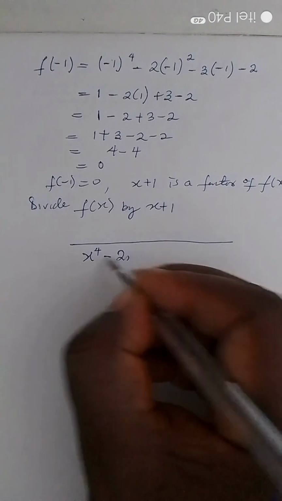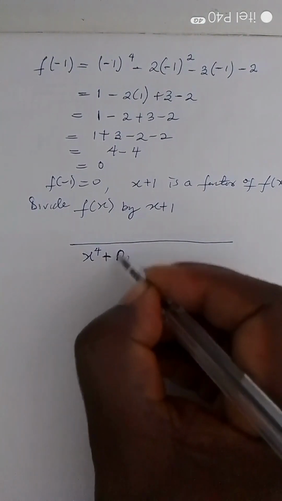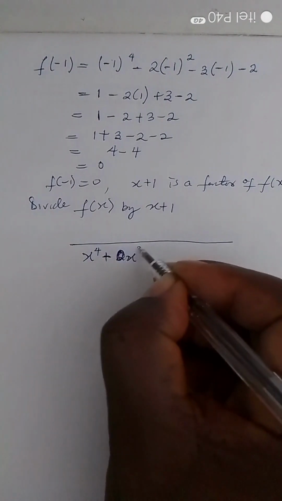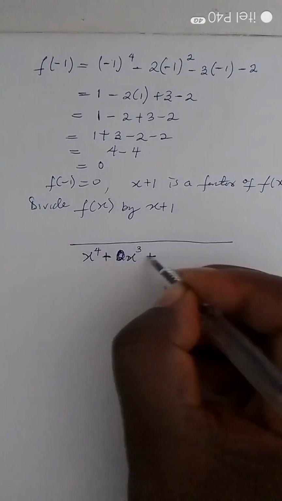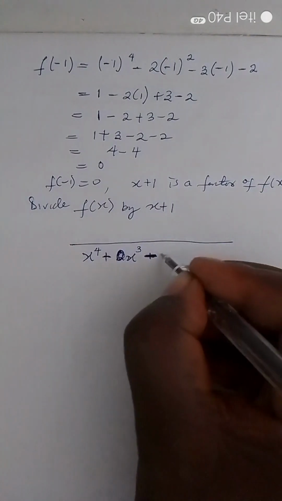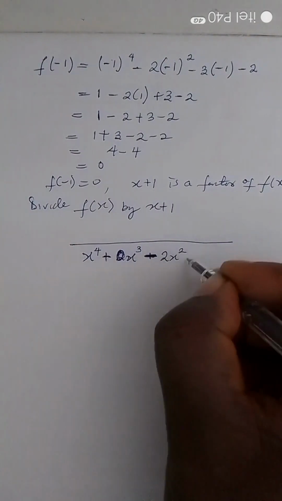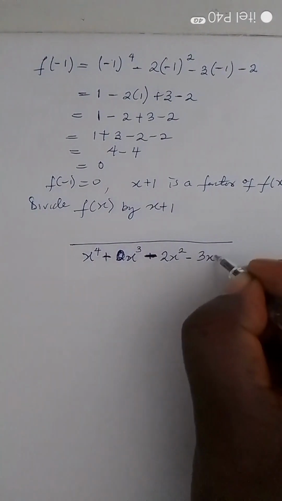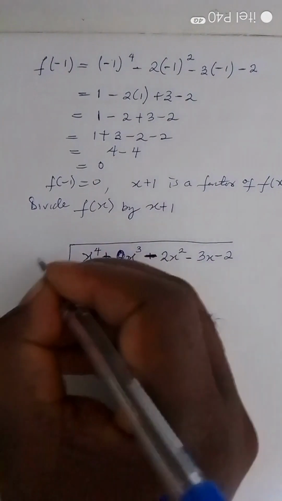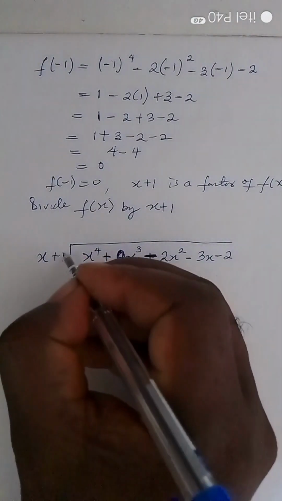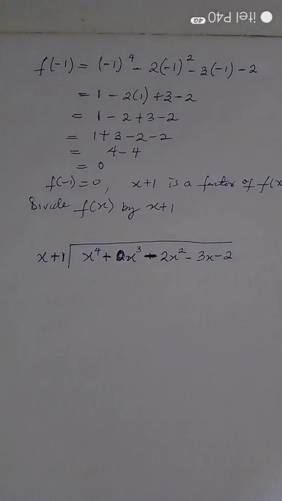Okay, I'm going to introduce a term in power of 3 to make the distribution of the quotient seamless. So we have 2x squared minus 3x, then minus 2. We divide that by x plus 1. So we want to see what the second factor will be.